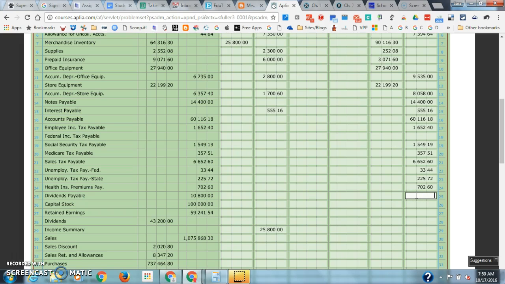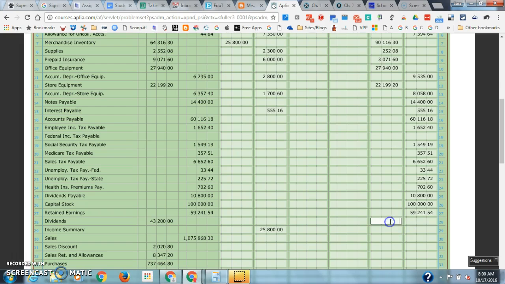Dividends, $10,800. Capital stock, $100,000. Retained earnings, $59,241.54.